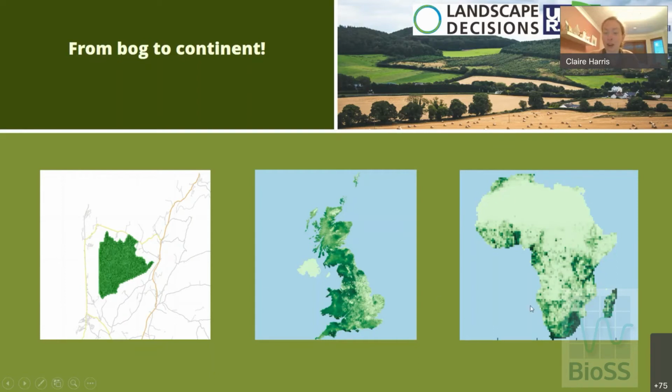And then finally on the right is our most extreme scale that I was looking at towards the end of the PhD, which is continent level, and we were modelling Africa and South America at the time. And obviously these are a lot coarser because the information you can find on plant distributions is a lot coarser, as well as the climate data itself.